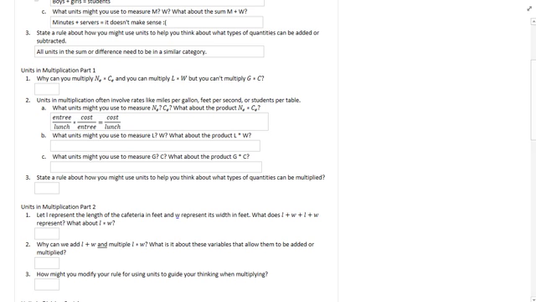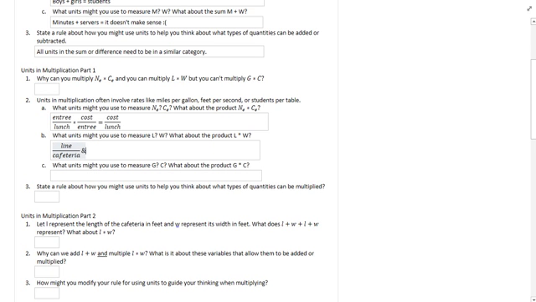Let's practice that again down here with L and W. L stands for lines in the cafeteria, if I could spell today, times servers per line.